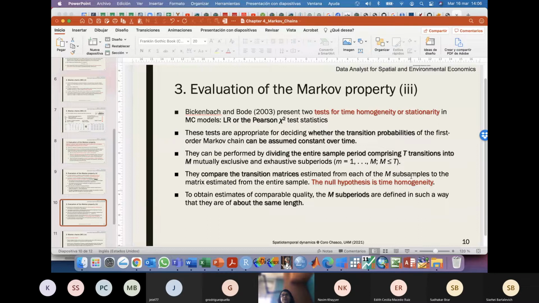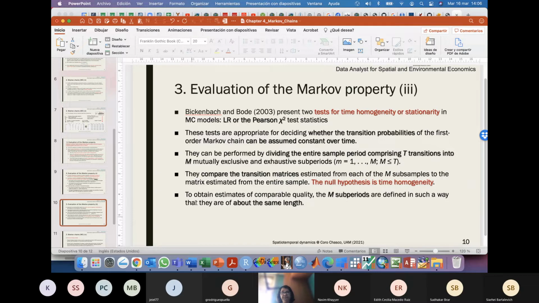Of course, the errors are going to be lower for the subperiods, but what the F test says is whether it works, subdividing and losing degrees of freedom in the model, or considering the whole time span. This is something similar to what both tests are doing. And of course here the null hypothesis is homogeneity. So homogeneity means that it doesn't work subdividing the whole time span into 2 or 3 or more subperiods.